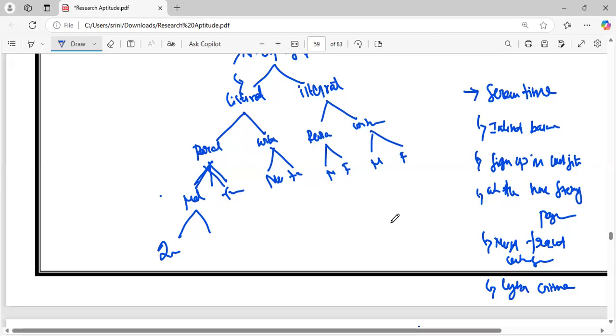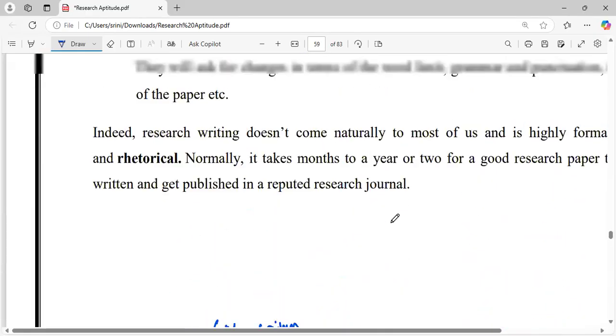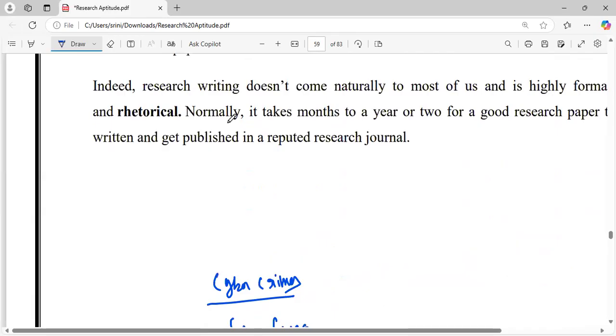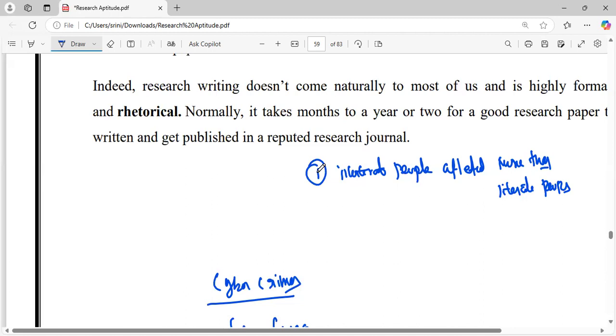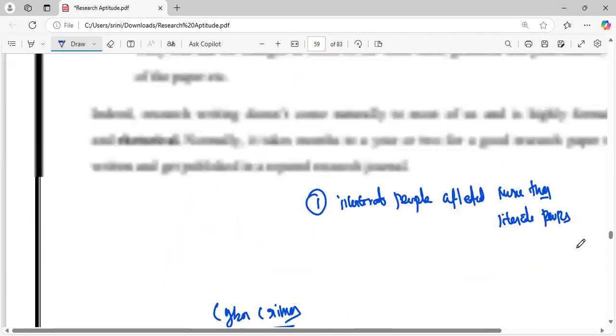Based on my previous knowledge, I would state the hypothesis that illiterate people are affected more than literate people. My hypothesis one: so we have two variables here, illiterate people and literate people.